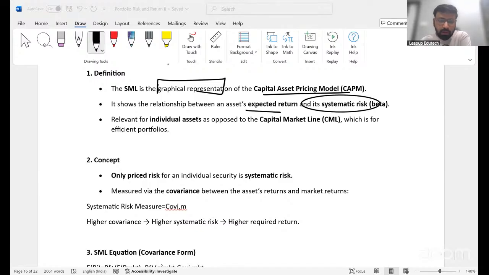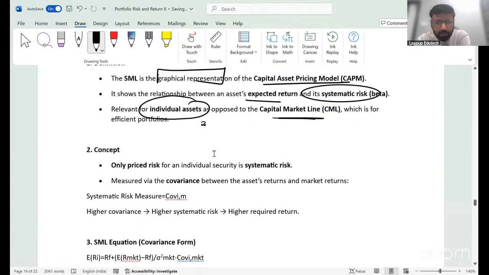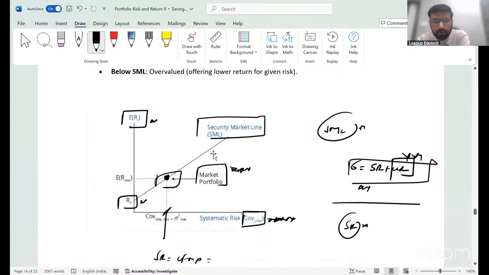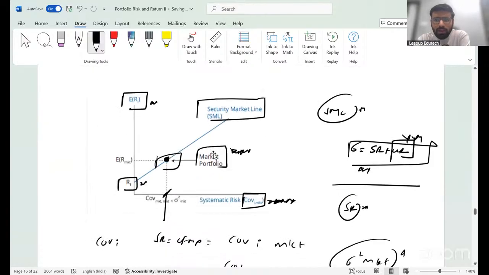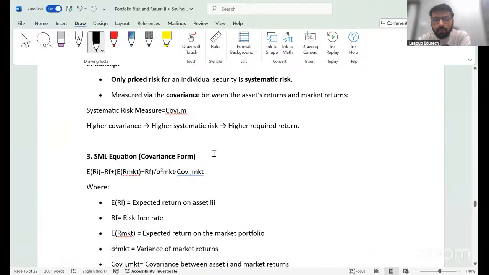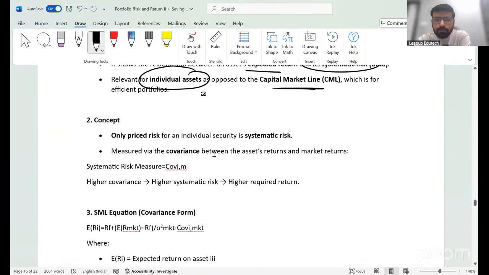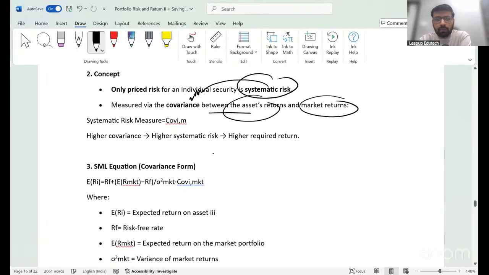And remember, SML is relevant for individual assets. That is one more difference as opposed to the capital market line. It is more relevant for individual assets, right? Now again, one thing that I would want you to remember: pricing uses only systematic risk, and systematic risk is given by the covariance between the security and the market, right?